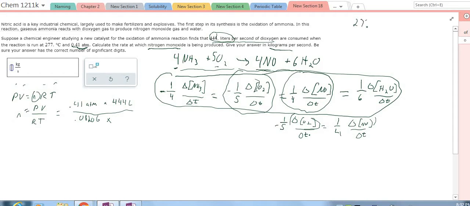It's going to be 277 plus 273.15. And so when I do that, it's going to give me 550.15. So my sig figs are going to be right there. So I got 3 sig figs there.